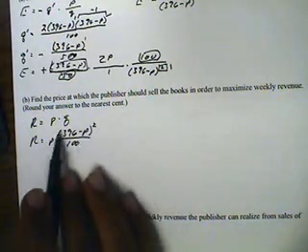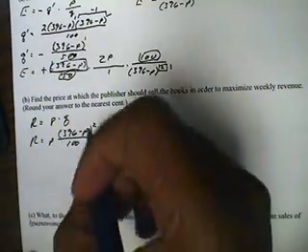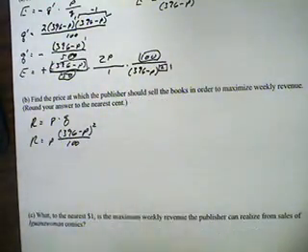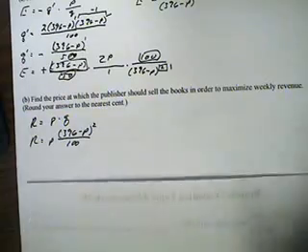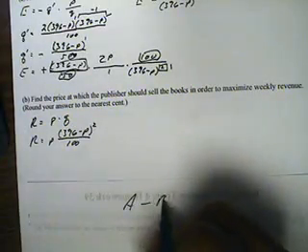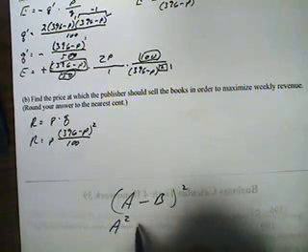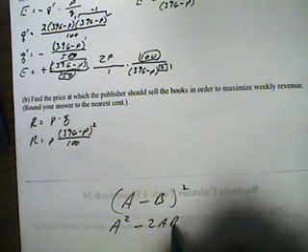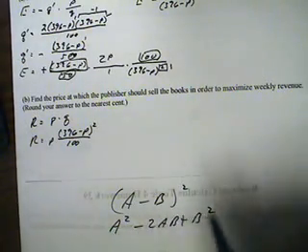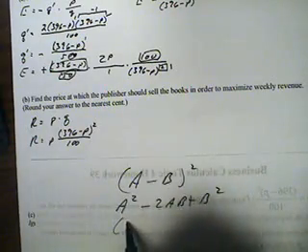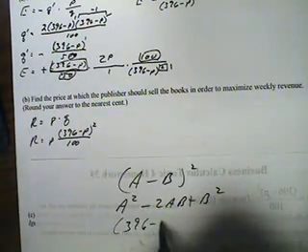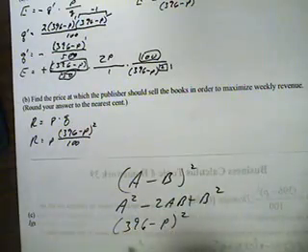What I'm going to do this time, I'm going to expand this using binomial expansion. Binomial expansion looks like this. We have A minus B when squared will give us A squared minus 2AB plus B squared. In this case, we have 396 minus P for the binomial expansion.